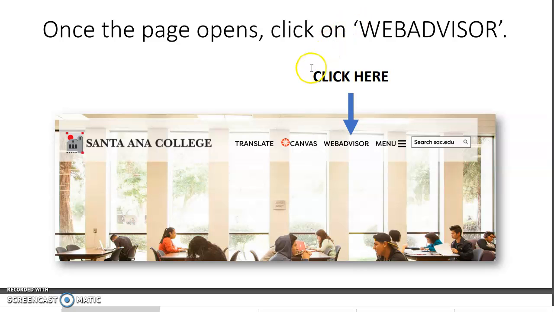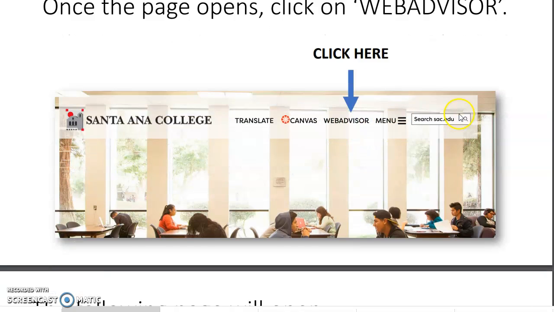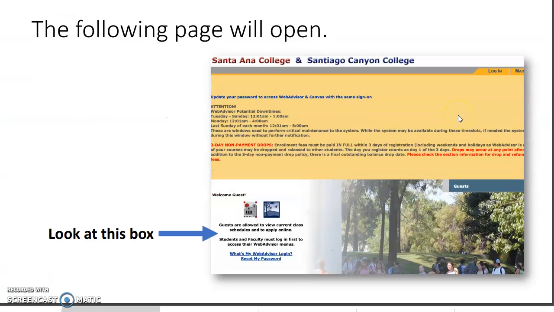Then once the page opens, you're going to click on WebAdvisor. Okay? So go ahead and click where it says WebAdvisor, and then you'll look for the box on the bottom left-hand corner.